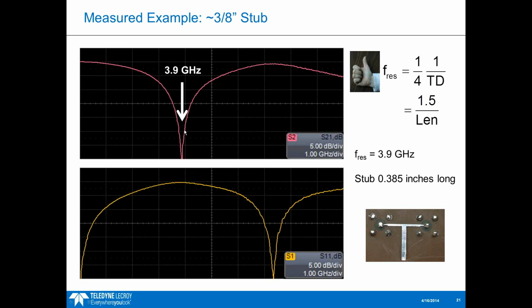Using our rule of thumb, we take that 3.9 gigahertz, and we see that the stub is roughly 0.385 inches long. I measured this at 3/8 of an inch, so that's actually pretty close. So it's a pretty useful rule of thumb to use when you want to figure out where these resonances are coming from.